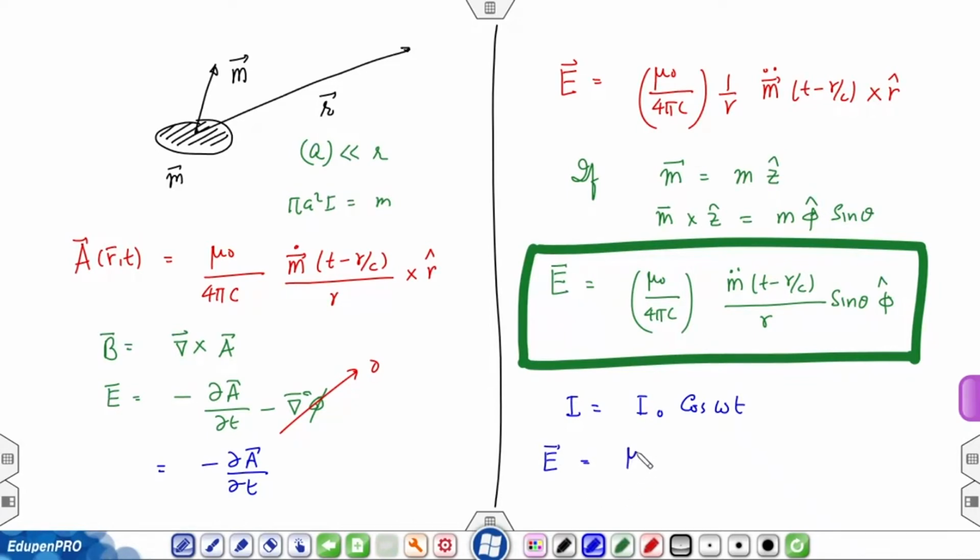E would come out to be mu 0 over 4 pi c, omega square with a minus sign, I 0 times cosine of omega t minus r over c, divided by r, sine of theta in phi direction. I think I have missed a minus sign somewhere. So, there should be a minus sign here, there should be a minus sign here, and this will come out to be plus. Okay.